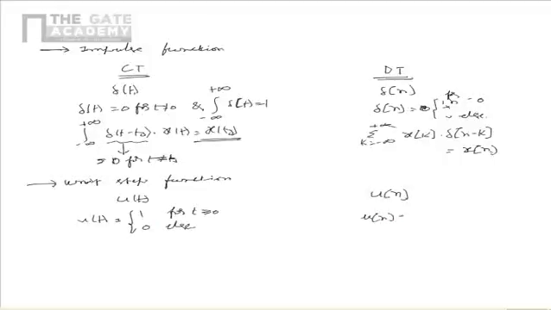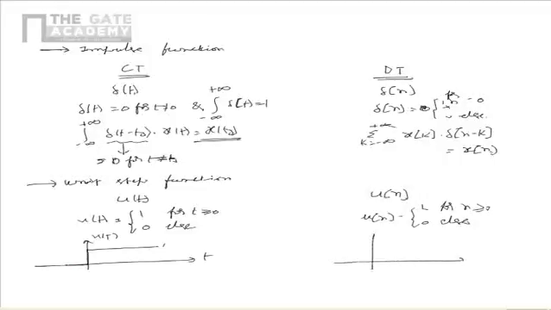Similarly, u of n is equal to 1 for n greater than or equal to 0. It's 0 otherwise. When u of t is plotted, it looks as shown. So for t greater than or equal to 0, its value is 1, otherwise it is 0. Similarly, for n greater than or equal to 0, u of n is 1, otherwise it is 0.